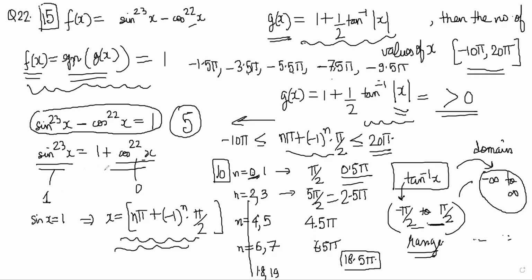You cannot really solve it normally; you have to think about the possible values, the maximum value of sine power 23x and the maximum value of this. Once you get that, you have to count the solutions.